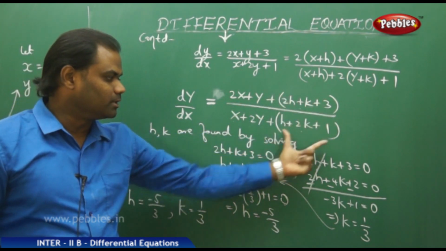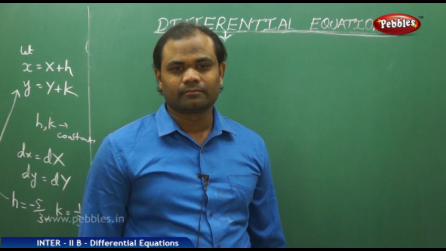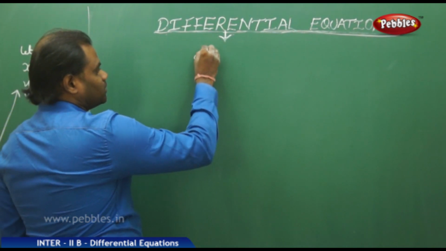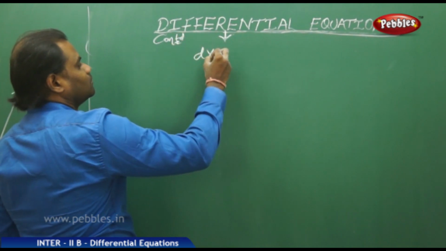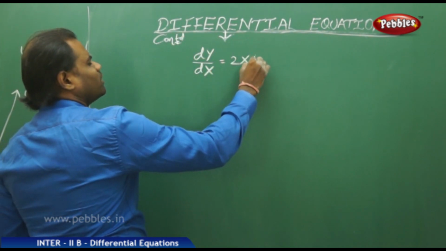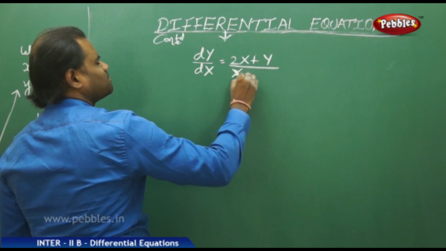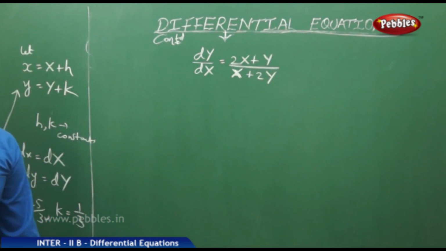With these two being equal to 0, they get eliminated. Therefore, by substituting h and k in the transformed equation, we get dy by dx as 2x plus y by x plus 2y is what we get.